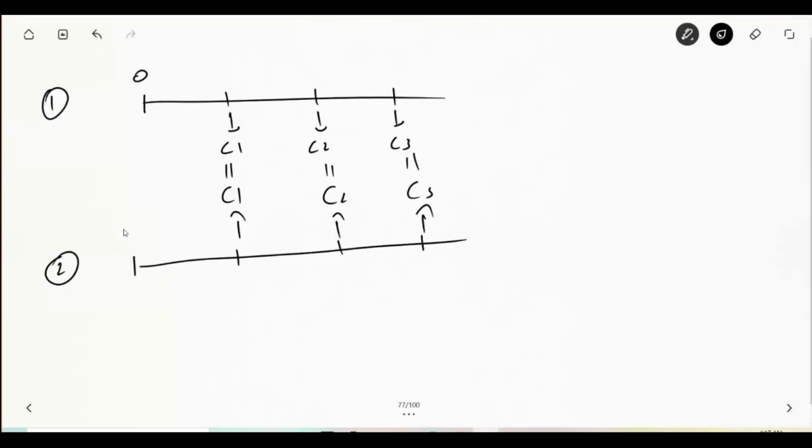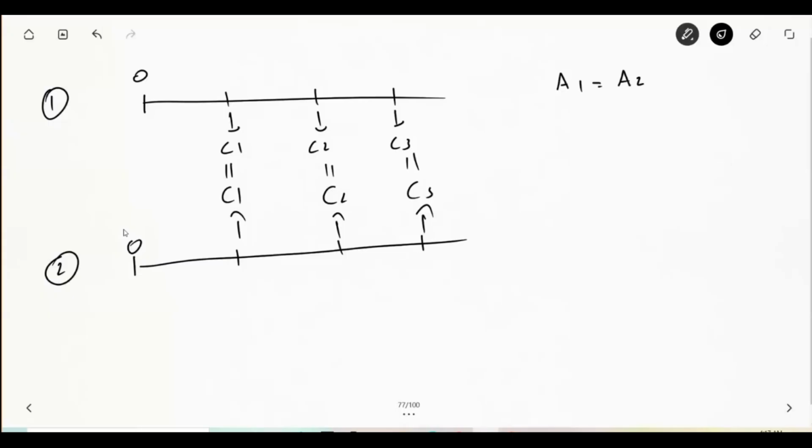In this case, those two assets should have the same price. So A1 should be equal to A2. If that's not the case, this means that there's an arbitrage opportunity.